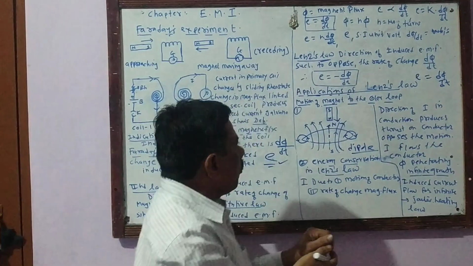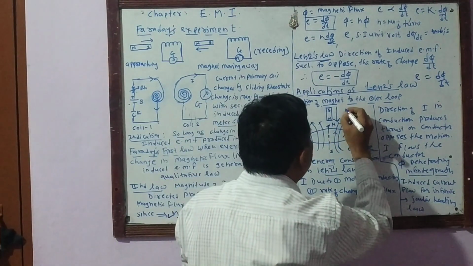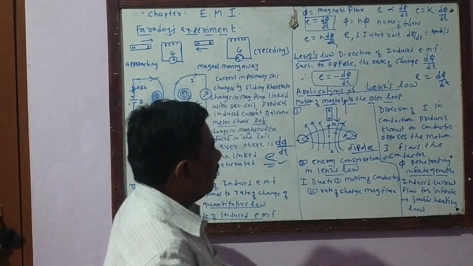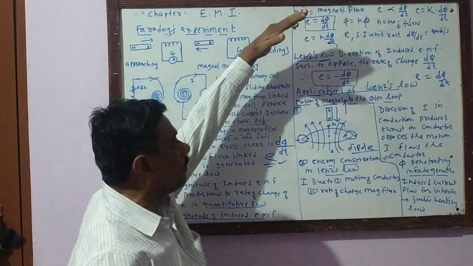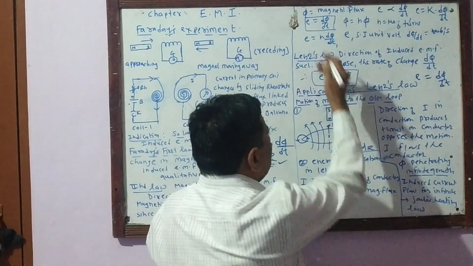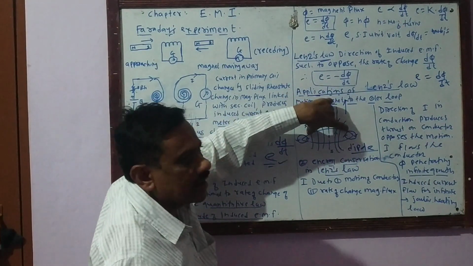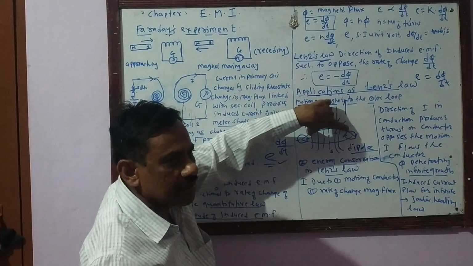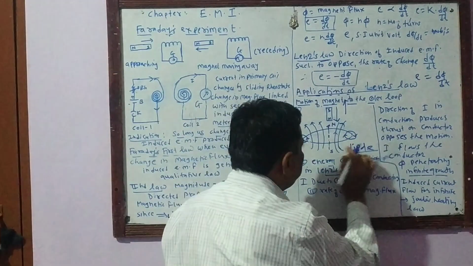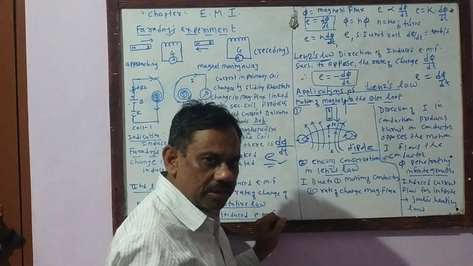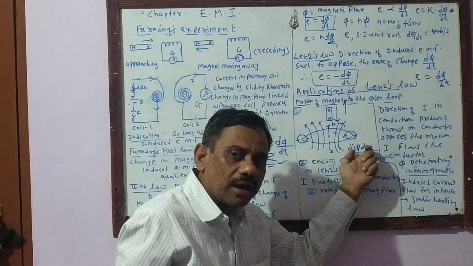Lenz's law. Suppose the bar magnet is moving away from the coil, that is receding. What will happen here? Again there is a rate of change of magnetic flux, and this produces an induced EMF in the coil, and a dipole is again produced.